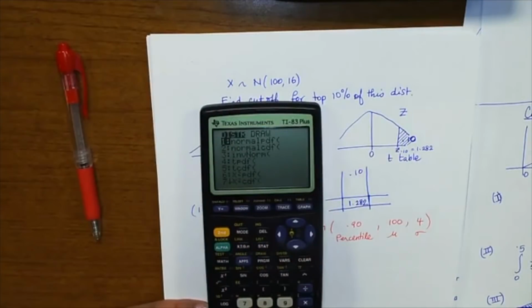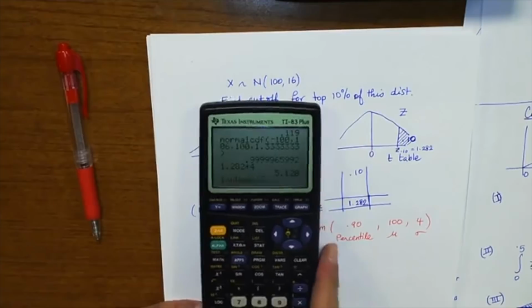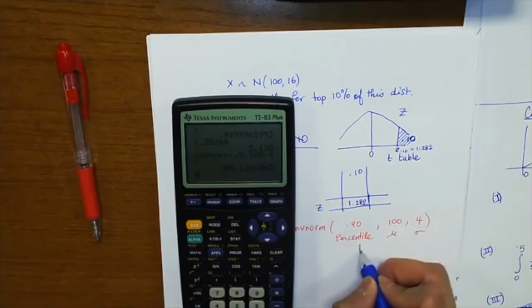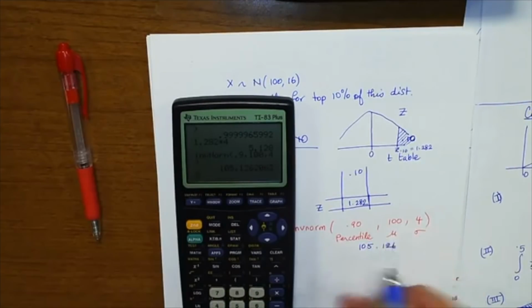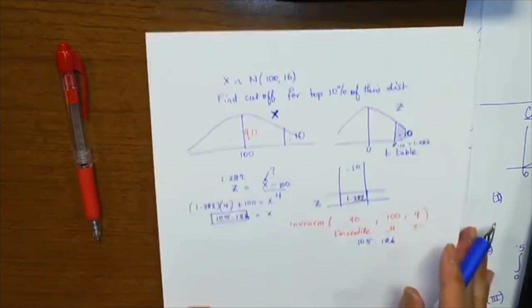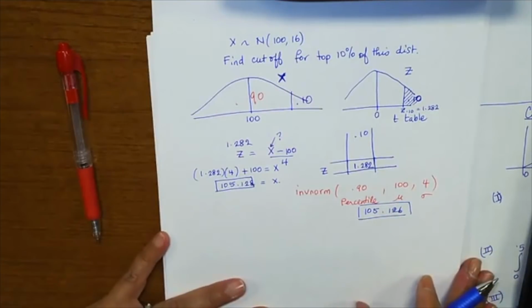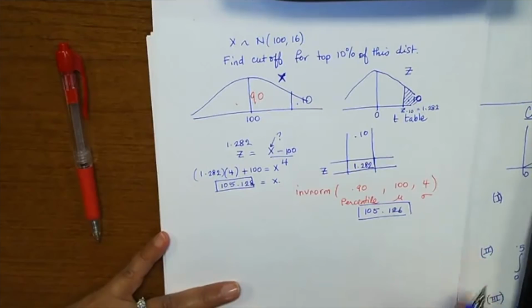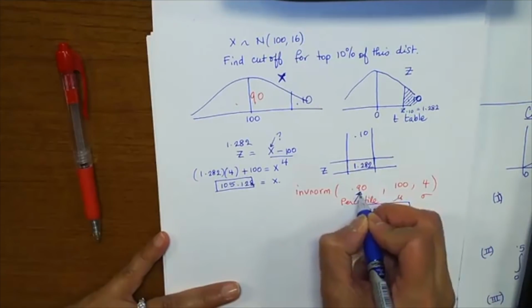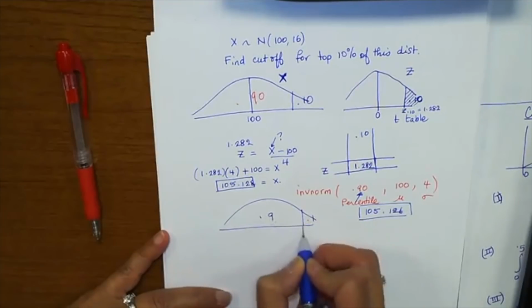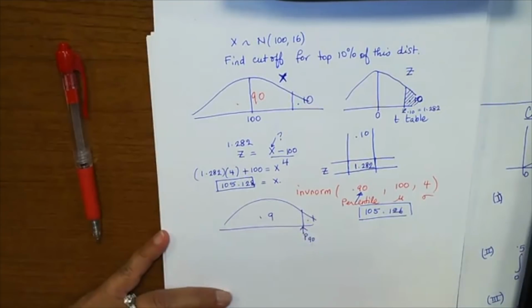Second distribution, inverse norm, 0.9, 100, 4. I got 105.126, versus 105.128. No problem there. Why would we put 0.90? Because it takes a percentile. So if you want 10% in the right tail, that's the 90th percentile, P90.